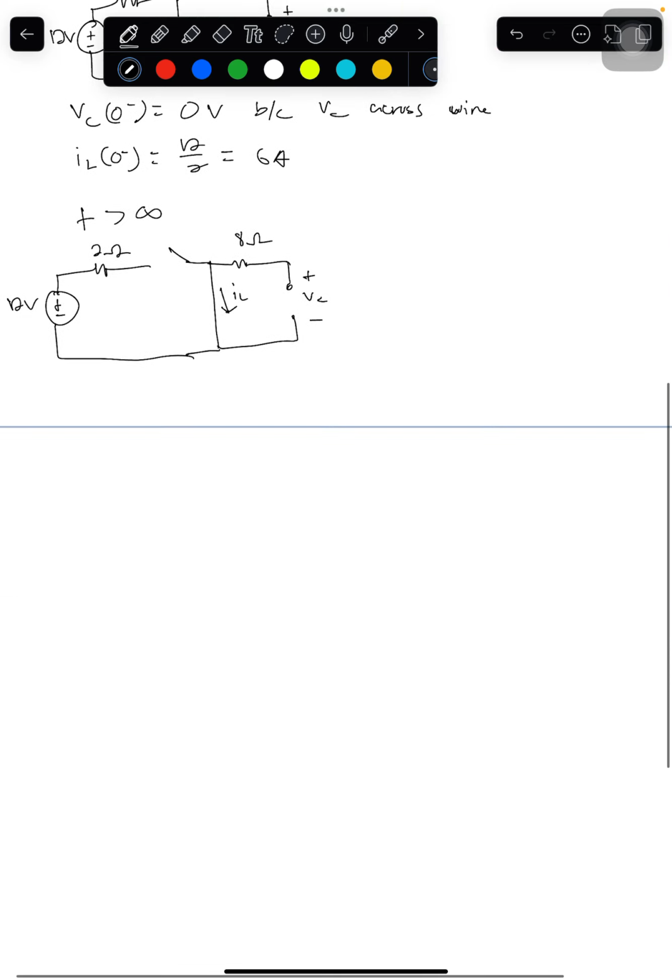So once it's in steady state, there is an open right here, open right here.